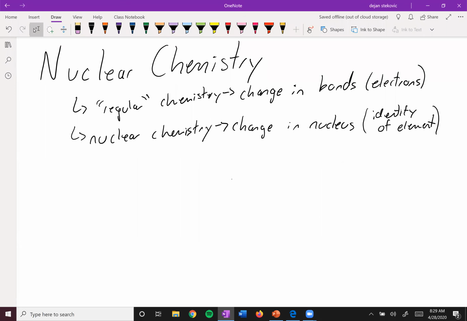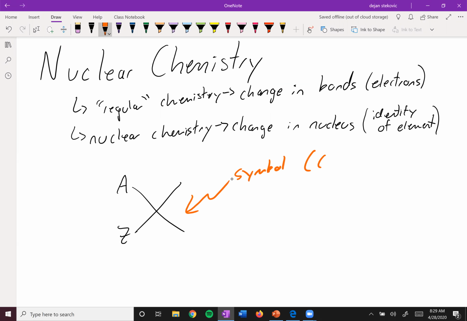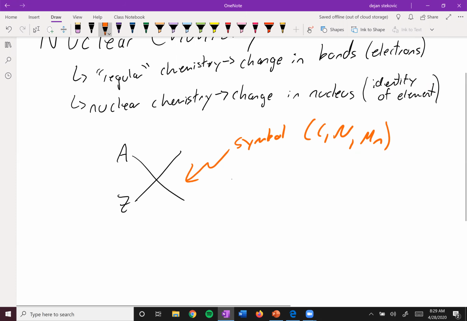So think back to Chem 101 and your atomic symbols. So right here, it's the symbol, right? So if this is carbon, you'd be a C, a nitrogen would be an N, a manganese would be an Mn, all that kind of stuff.